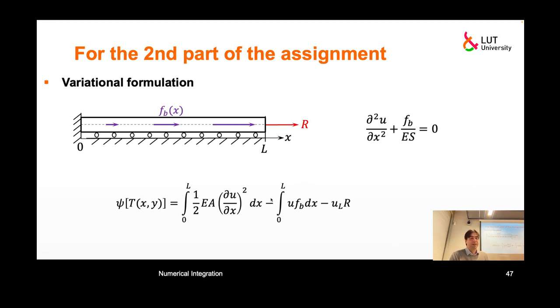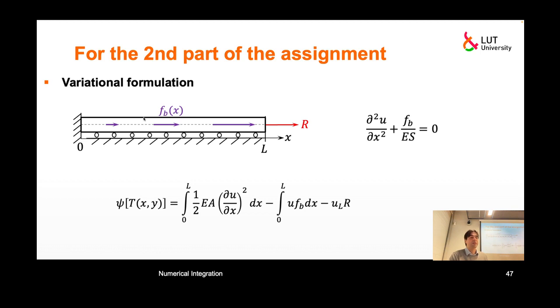And this is the integral along the line for the term corresponding to this body force. But we also need this right-hand side boundary condition. And in this case, it's not essential, it's a natural boundary condition because it's force. Forces in mechanical problems are natural boundary conditions.